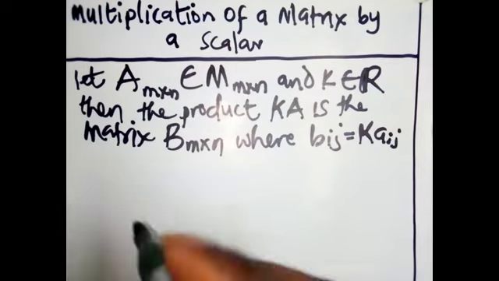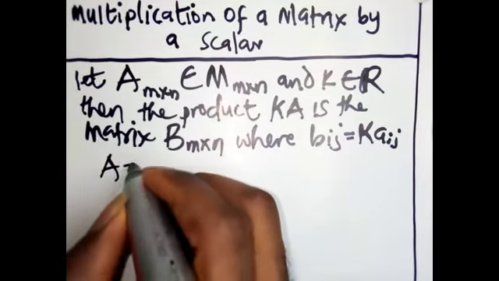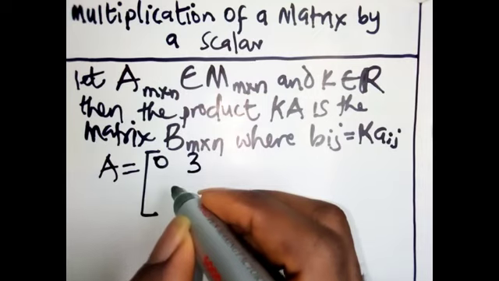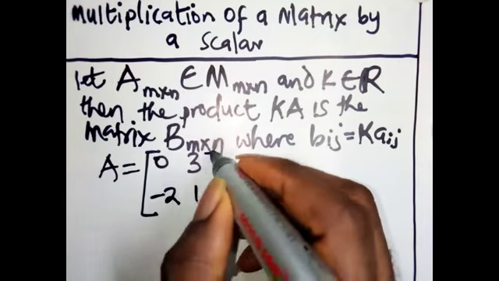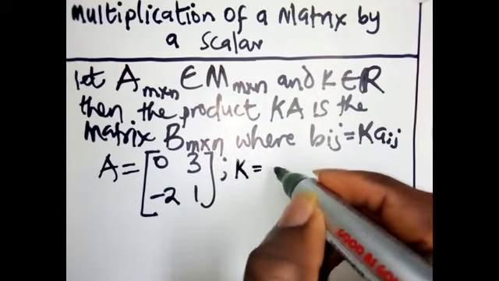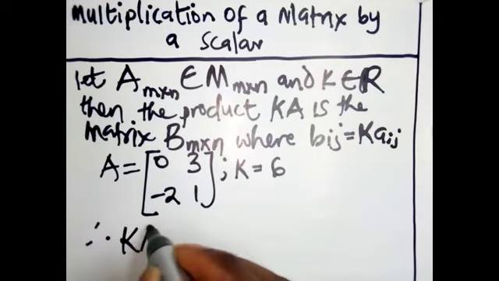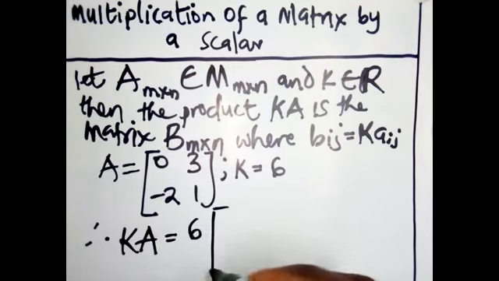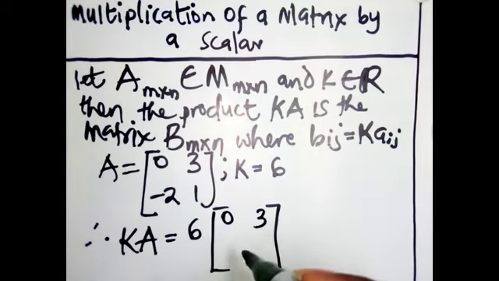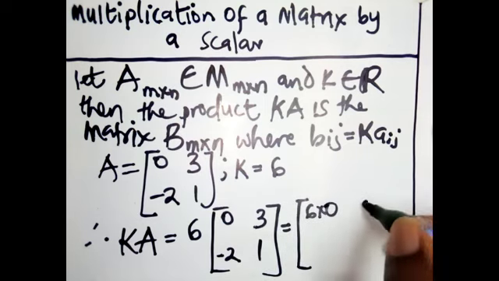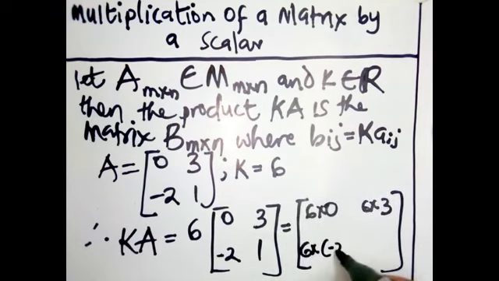For instance, given that matrix A is equal to 0, 3, -2, and 1, and a scalar K is equal to 6, then we can say that KA is equal to 6 multiplied by each element of matrix A, and 6 times 1.